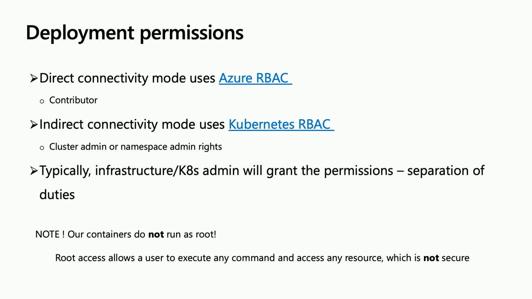For indirect connectivity mode, we align with Kubernetes to deploy Arc-enabled SQL Managed Instance. The Kubernetes authorization is handled by cluster role bindings and role bindings, so it follows the best practice of Kubernetes. In this scenario, the authentication request goes through the Kubernetes API server, where it is recognized as REST operations, and the API server validates the request for the API objects, such as pods, stateful sets, and so on.